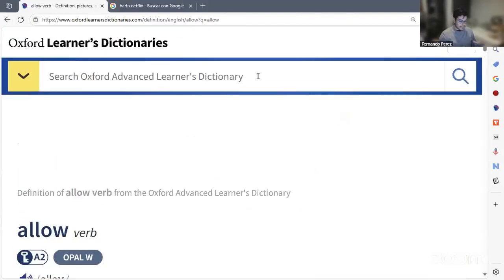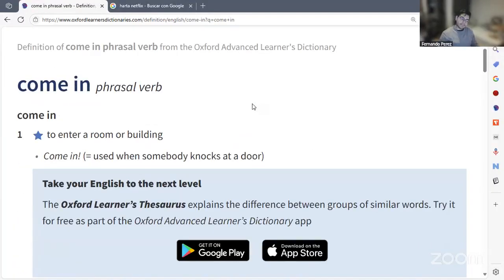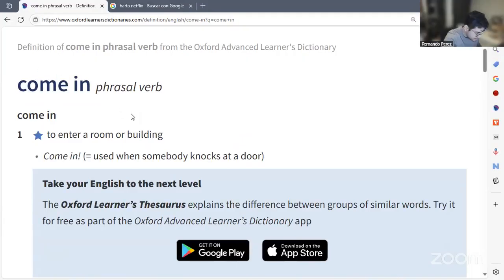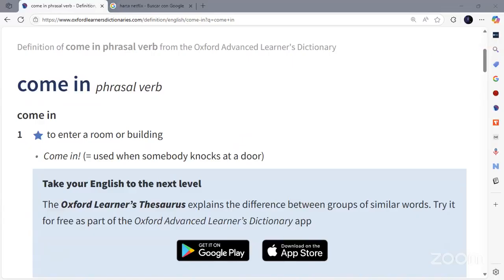Because the complete phrasal verb is come in. So ing for come in. Coming in. Repeat. I didn't hear you. I don't allow coming in with wet shoes when it's raining. Very nice. Good job.